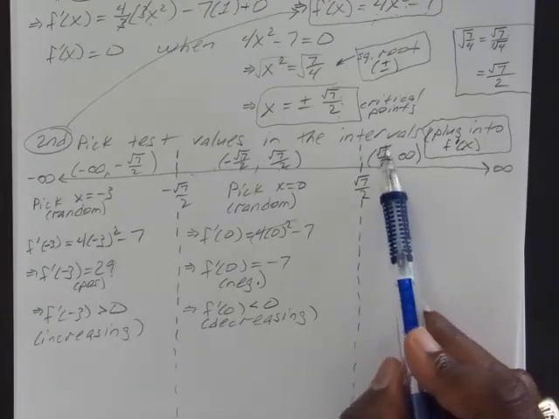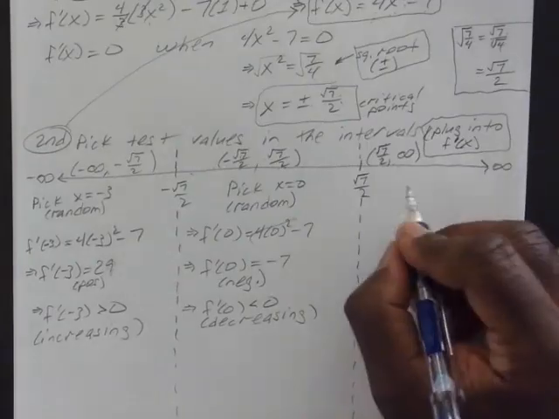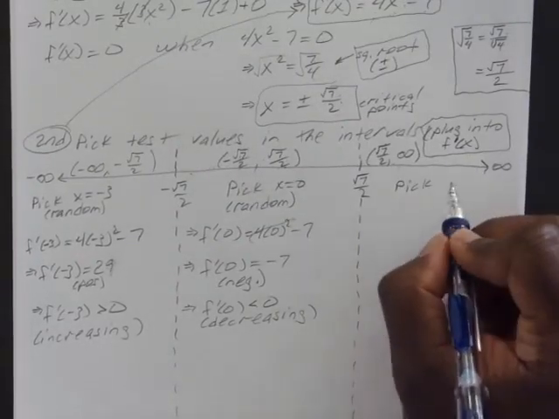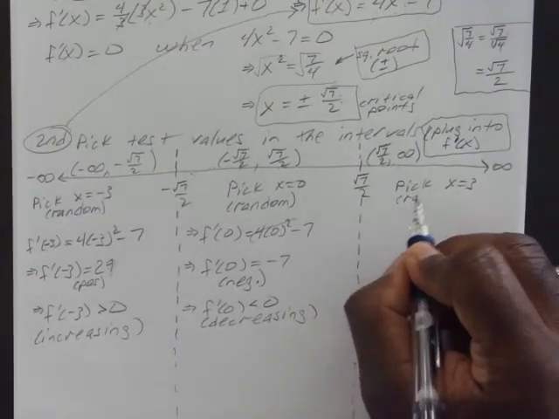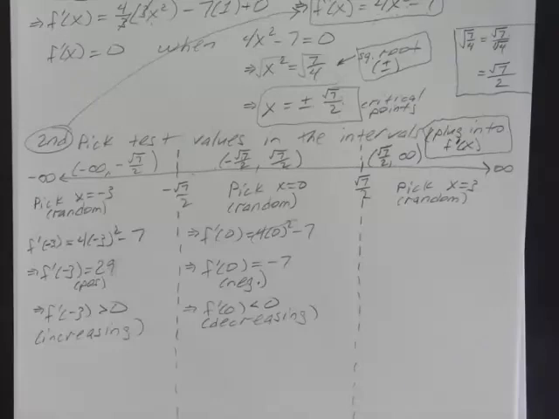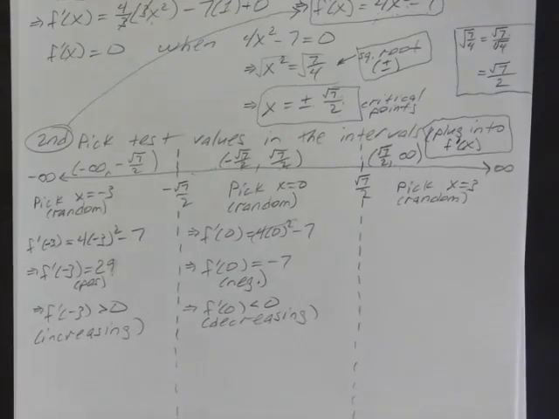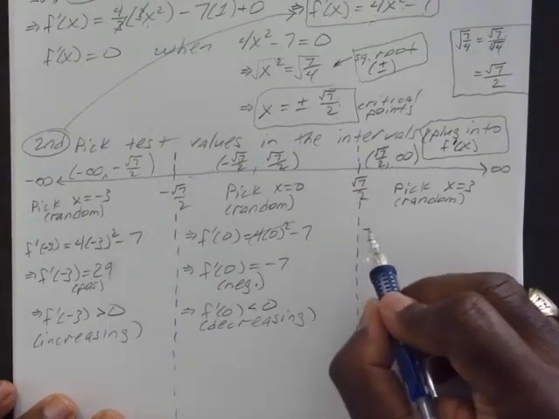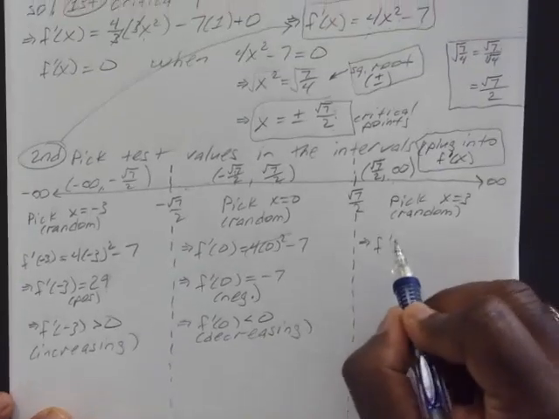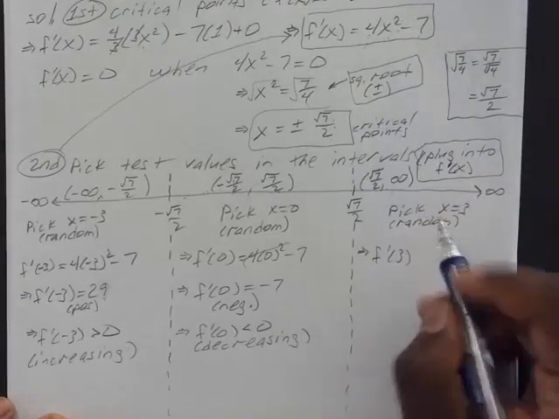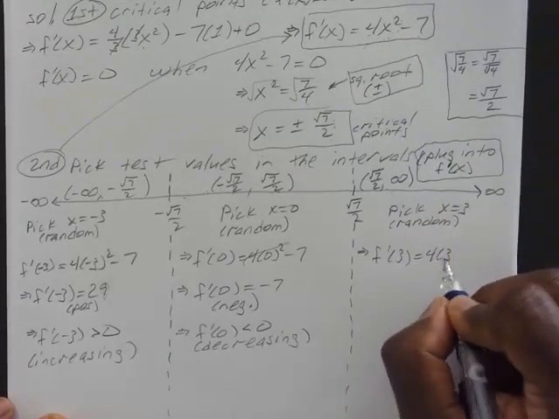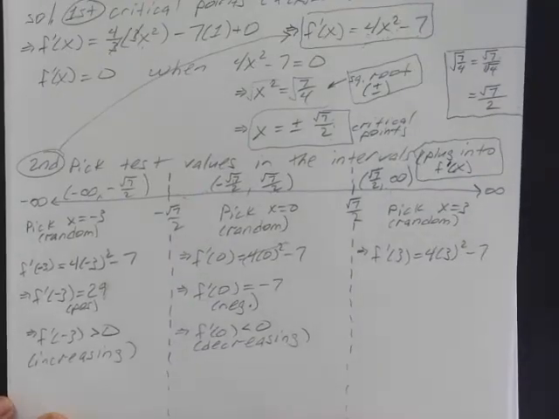Okay, and from square root of 7 divided by 2 to infinity, I'm just going to pick x equals +3 as my test value. So that gives us f prime at +3 is equal to 4 times +3 squared minus 7.